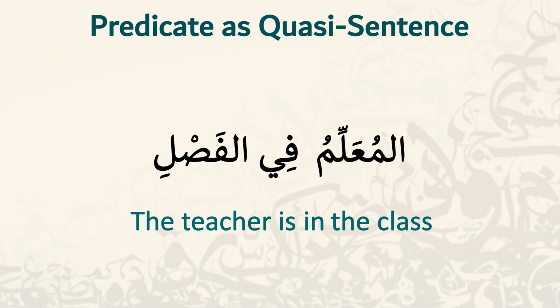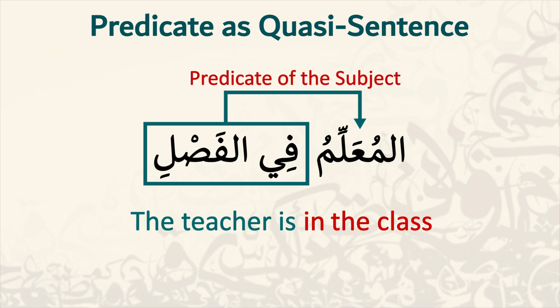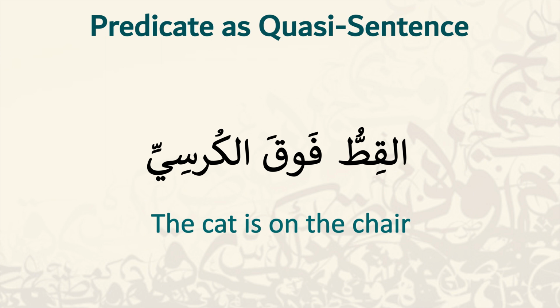في الفصل. المعلم, the teacher, what about him? Is in the class. Okay, now I understand. So the quasi-sentence في الفصل is the predicate of the subject. Similarly, in the second example, the meaning is not complete unless these two words are there.